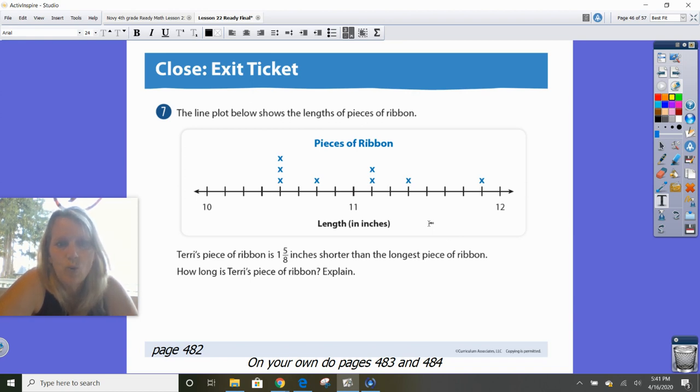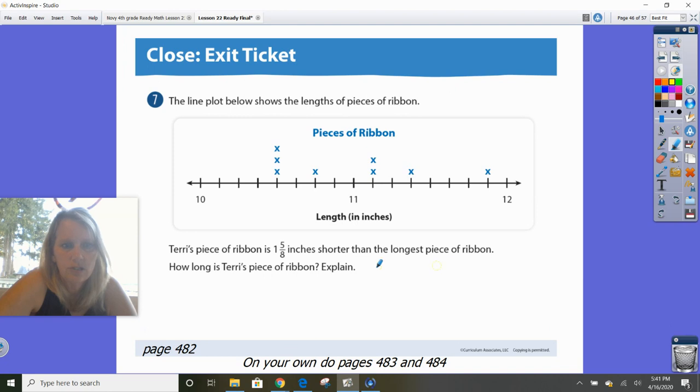Terry's piece of ribbon is 1 5/8 shorter than the longest piece of ribbon. How long is Terry's piece of ribbon? So we are trying to find out how long is Terry's piece. So Terry's piece might not really match any of those X's. All right, important information is 1 5/8 shorter. That's an important word.